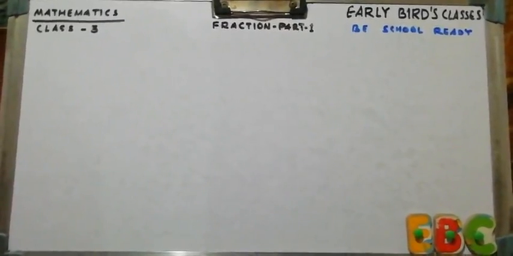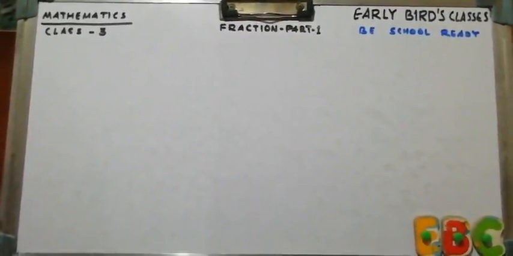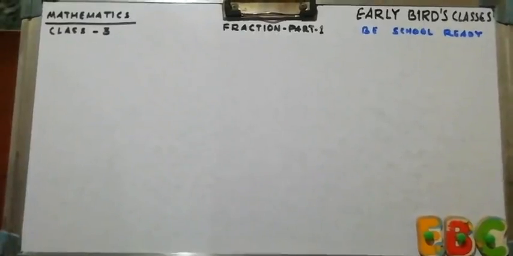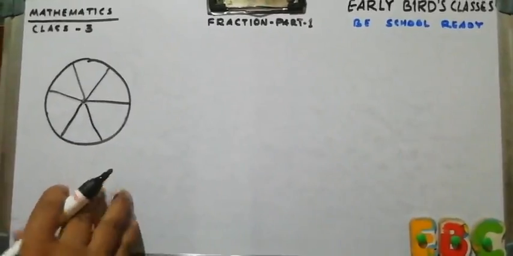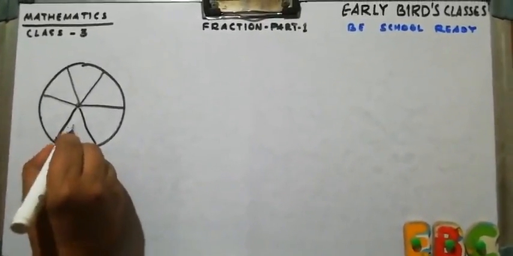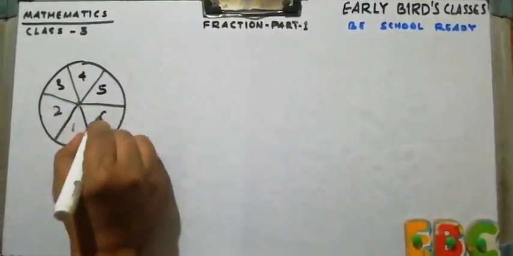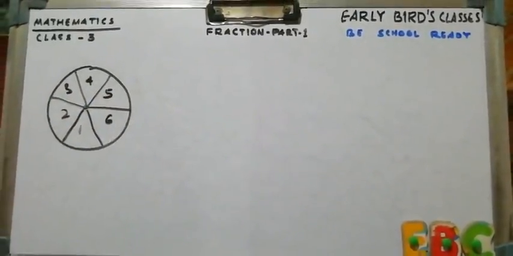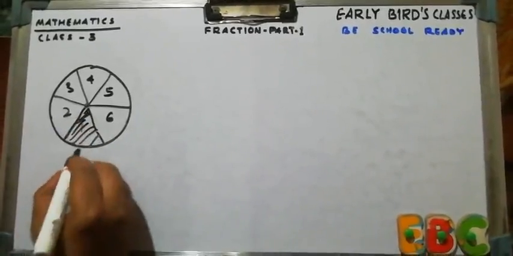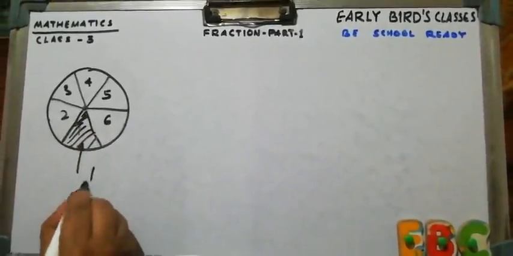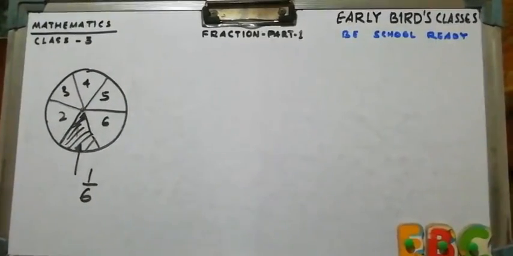So each part is 1/6 of whole pizza. So this is pizza and it is distributed into 6 parts. 1, 2, 3, 4, 5 and 6. So each part, suppose this one will be what? 1/6 of whole pizza, right?